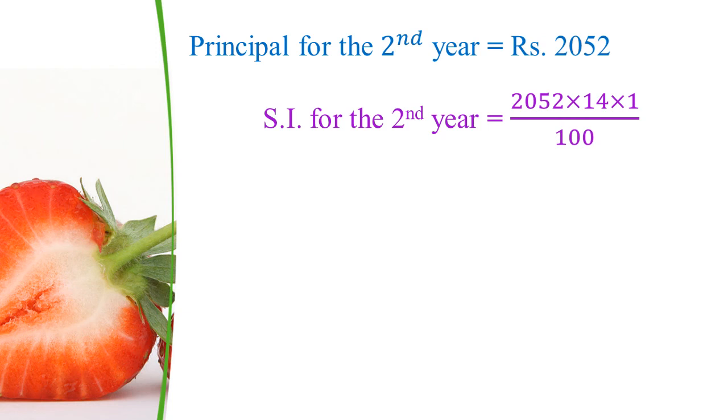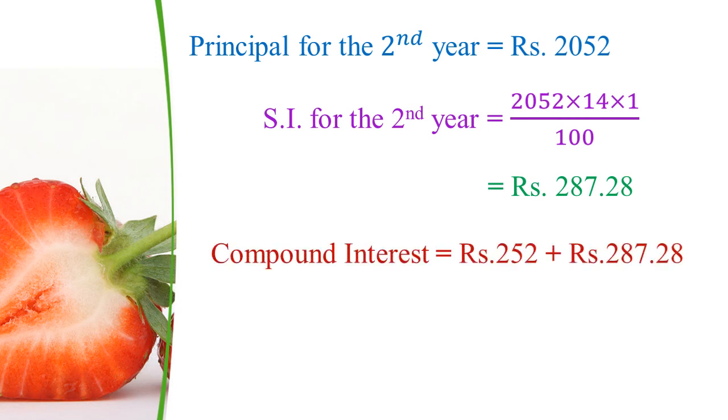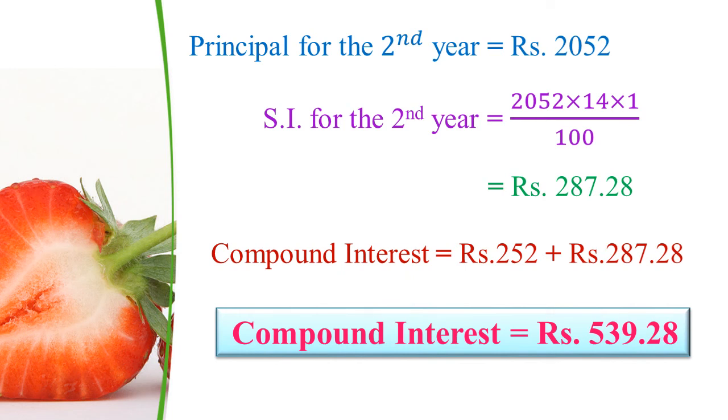On simplifying this, we get rupees 287.28. So the compound interest is equal to interest for the first year plus interest for the second year. So rupees 252 plus rupees 287.28. So Manish will get the interest of rupees 539.28.